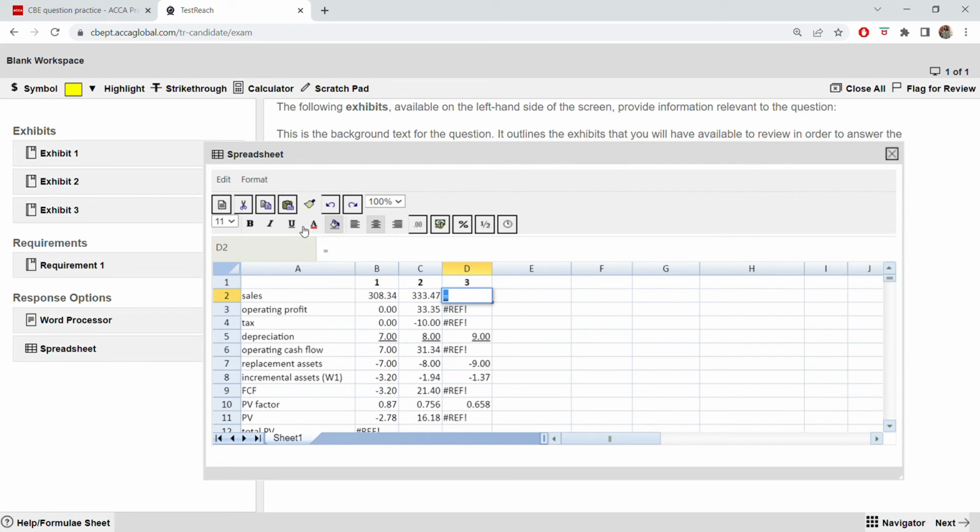I am removing the underline. So on this, you increase it by 3%, the selling price, and 5%. Okay, so these are the 3 sales that you get.